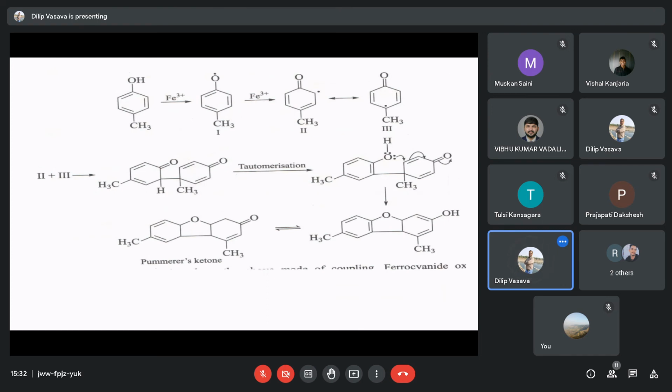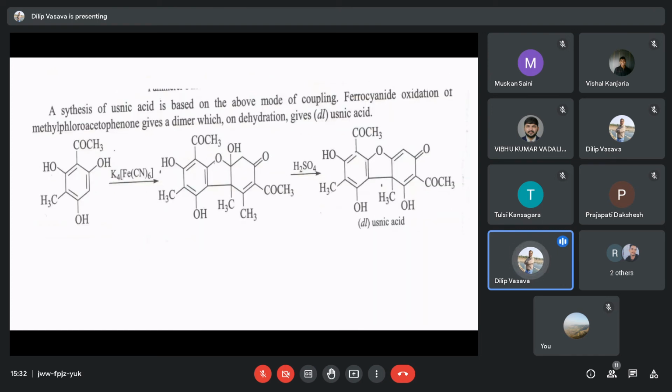Then K4[Fe(CN)6] is also a good oxidizing agent; when 2 moles of the starting material are taken in the presence of K4[Fe(CN)6], it gives the dimerized product, and usnic acid is formed.